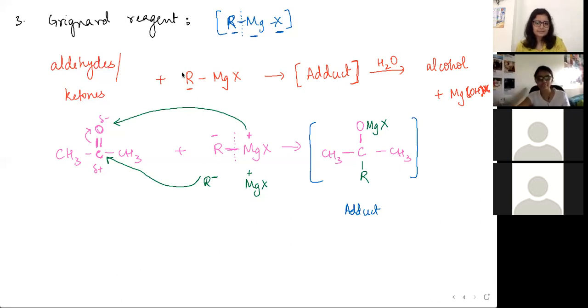Because again, magnesium is incapable of forming covalent bonds. It would much rather have a simple ionic compound existence, so it will always react to that. Even the addition of simple water, which is the next step, water is made of HOH.